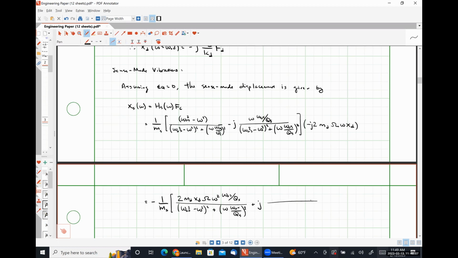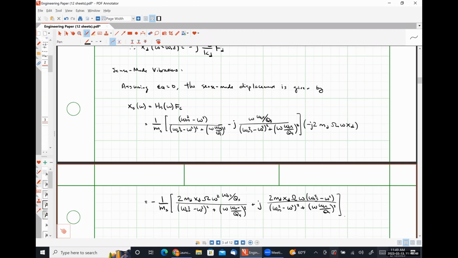Another ugly fraction here: twice md xd capital omega lowercase omega times omega naught s squared minus omega squared over that same denominator. So that is what my sense mode displacement looks like.